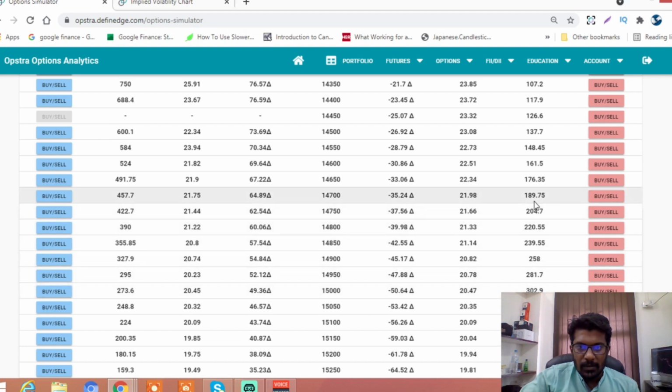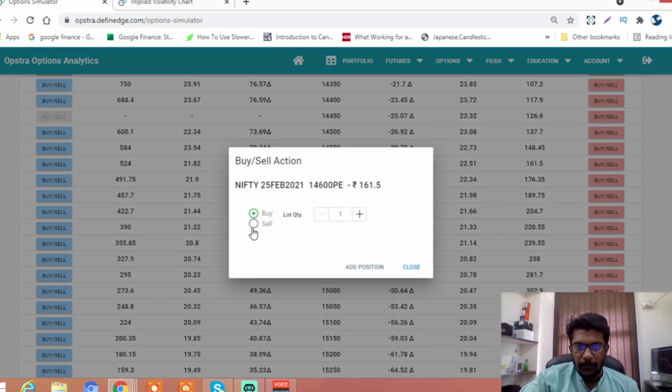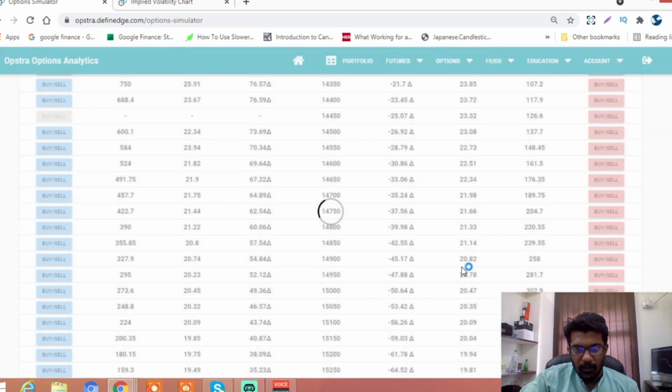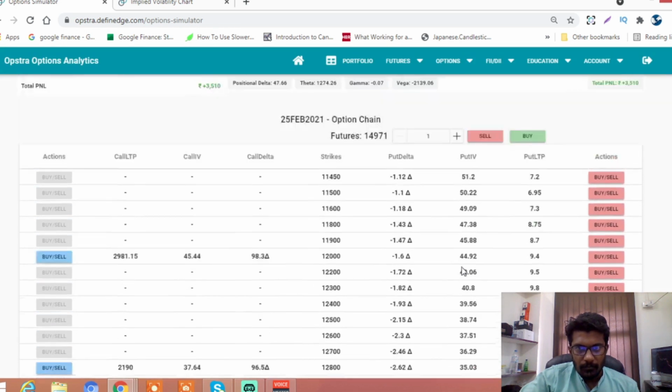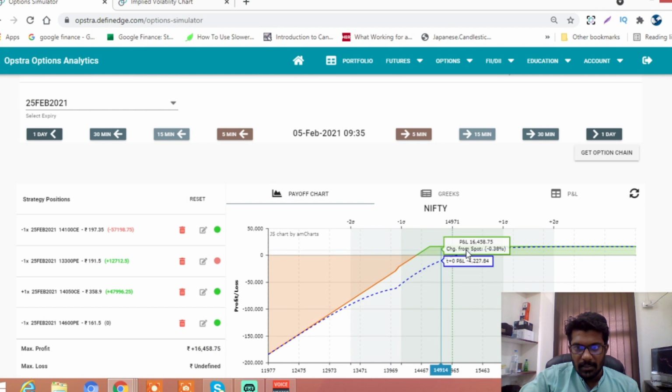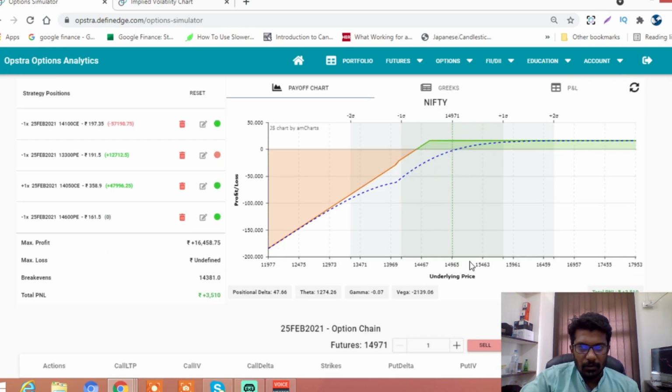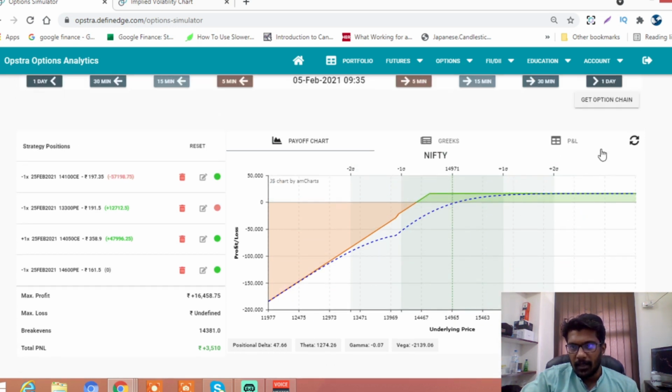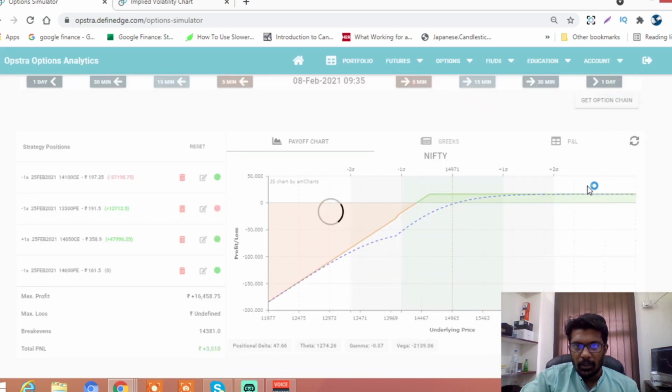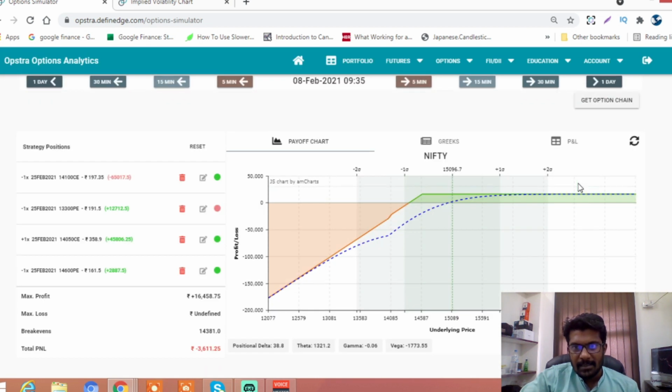So I'm going to sell 14,600 put, one lot. Let's see what happens. The maximum profit I'm going to enjoy if the market stays here or goes up is going to be 16,500. So I'm continuing with this trade and let's see what happens.